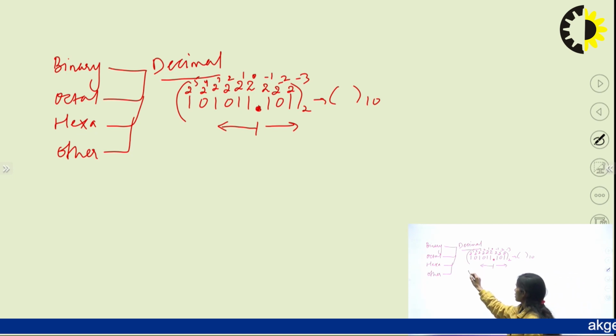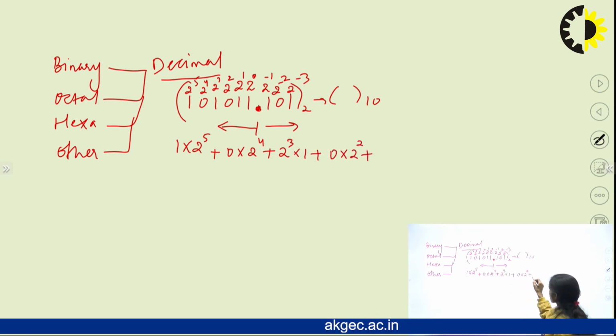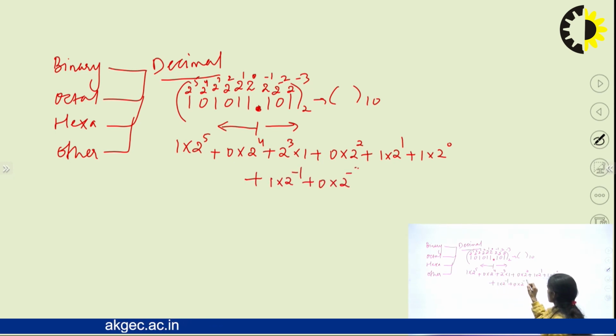So if we multiply and then add, 1 multiplied by 2 to the power 5 plus 0 multiplied by 2 to the power 4 plus 1 multiplied by 2 to the power 3 plus 0 multiplied by 2 to the power 2, 1 multiplied by 2 to the power 1, 1 multiplied by 2 to the power 0, plus 1 multiplied by 2 to the minus 1, 0 multiplied by 2 to the minus 2, 1 multiplied by 2 to the power minus 3.